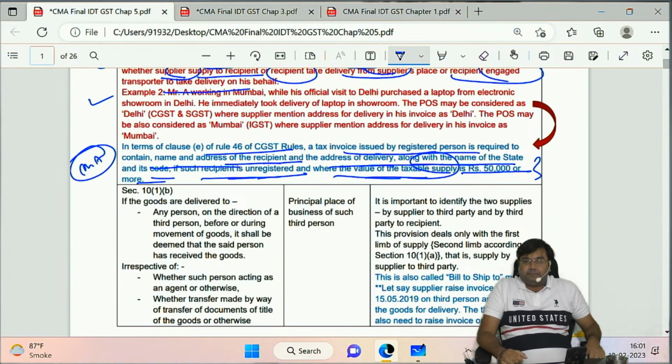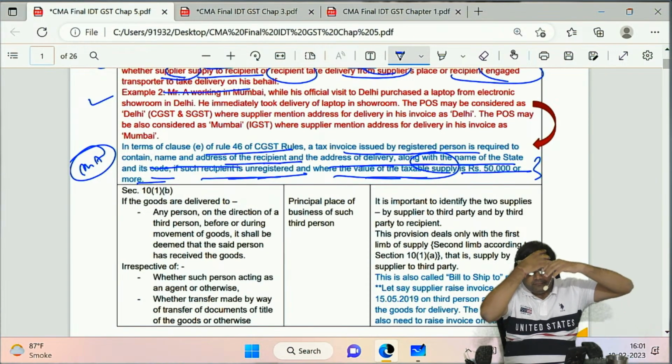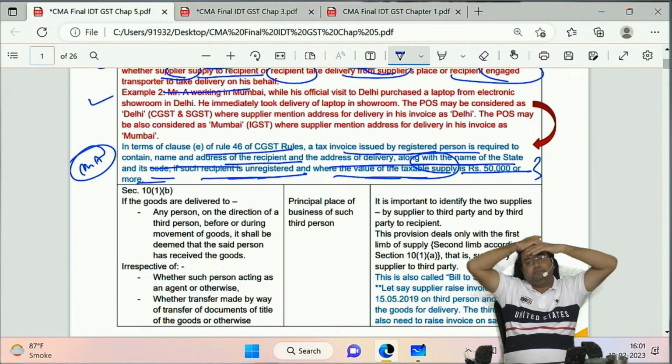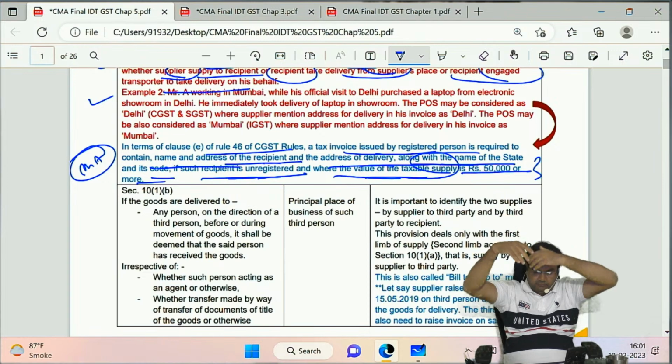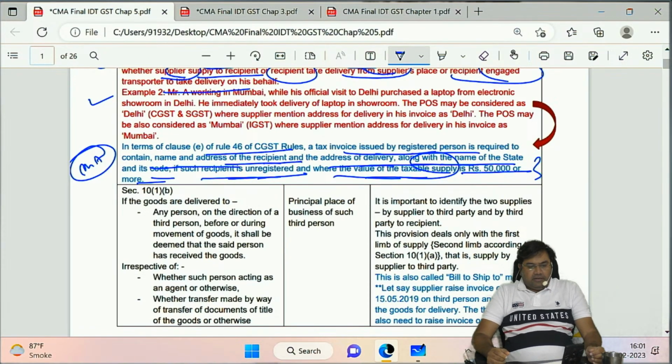You are working in Chennai. You need to go to Delhi for an official visit. So from Chennai to Delhi you went, you took the flight.